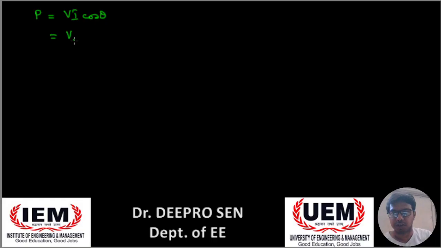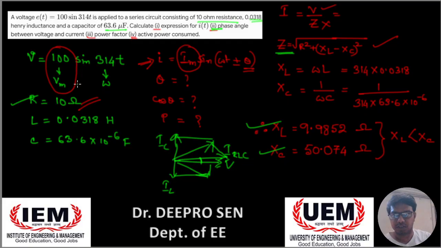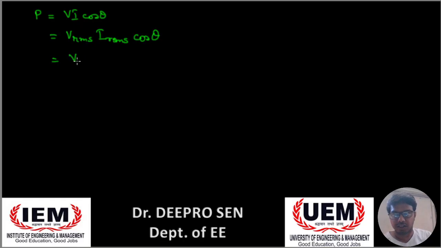This is basically nothing but the V RMS, I RMS, and cos theta. Now, in these expressions, whatever V we are considering here is Vm, and this is Im. So for converting the Vm and Im into RMS values, you just have to divide by root 2, divide by root 2, into cos theta.